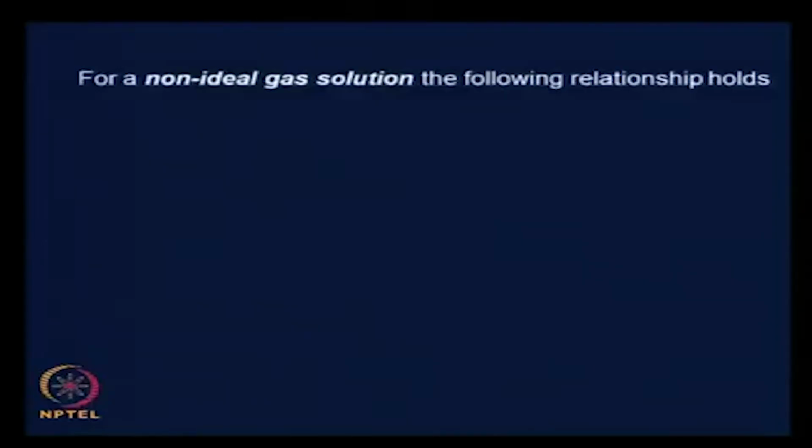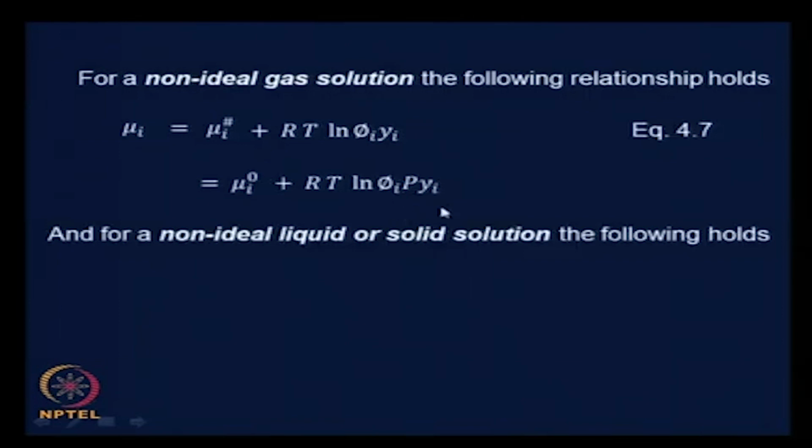Now, the non-ideality is brought about either by a fugacity coefficient for a gas mixture or an activity coefficient for a liquid or a solid mixture solution. So, for a non-ideal gas solution, mu_i equals mu_i hash plus RT ln(phi_i y_i), and the equivalent is given.